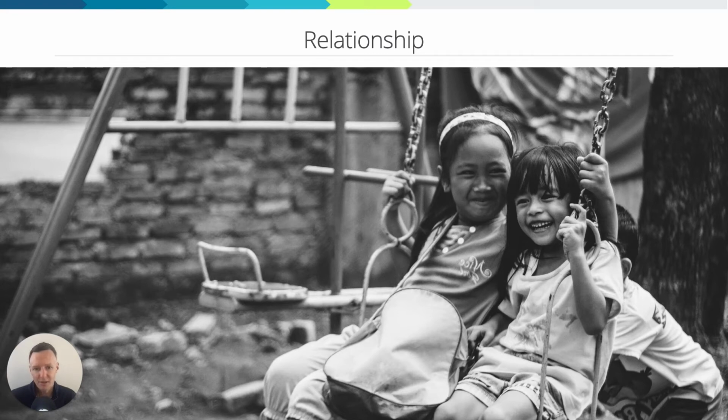Some of the things the algorithm considers are how much you've liked or commented on each other's posts, whether you've tagged each other, if you've saved posts, if you've searched for that particular user, whether you've shared direct messages, if you've viewed their stories, and for how long, whether you've replied to a story, and so on. We'll talk about the implications of this, but definitely the number one factor is relationship, how close a relationship you have with the other user.